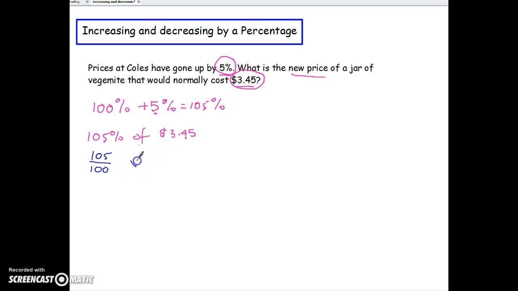Our "of" we change to a times, and the $3.45 is going to stay as is. What you're now going to do is go to your calculator and key that in. So you'll do 105 divided by 100 times $3.45 on your calculator.